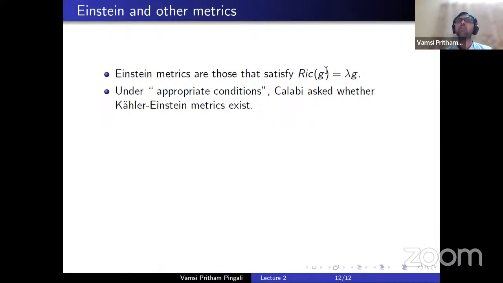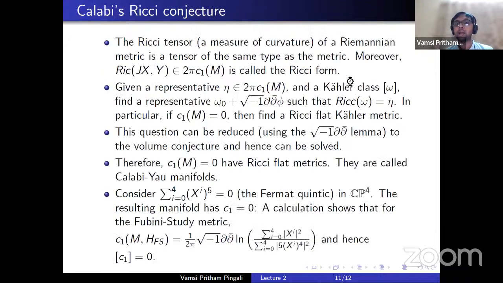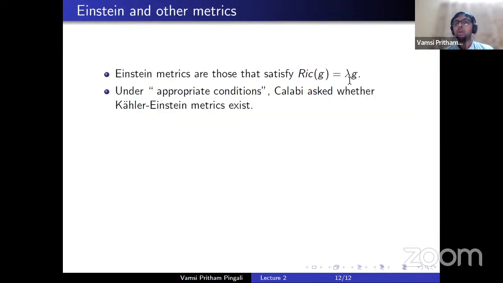That is, if you were given a compact Kähler manifold, can you find a Kähler metric which is also Einstein? The answer was known to be yes when lambda is 0 and -1. When lambda is 0, it's precisely Calabi-Yau, which was done by Yau. When lambda is -1, this was done by Aubin before Yau, and Yau also gave a proof.